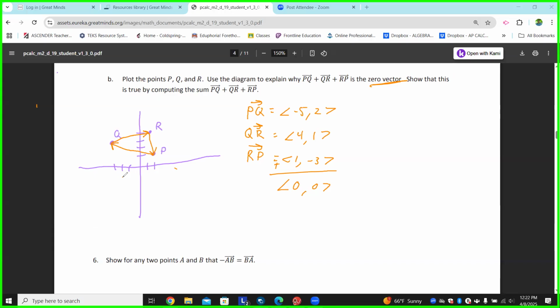Because just doing that real quick in my head, if I was to do PQ and then RP first, this is a rough sketch, but let's do that. So let's go over 1, and then down 3 is about right here.